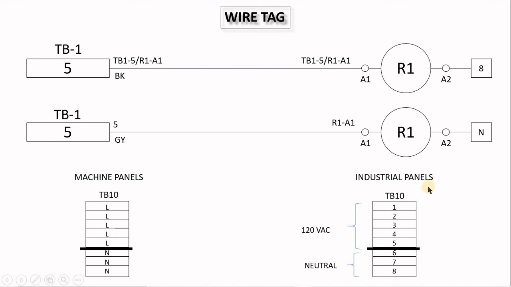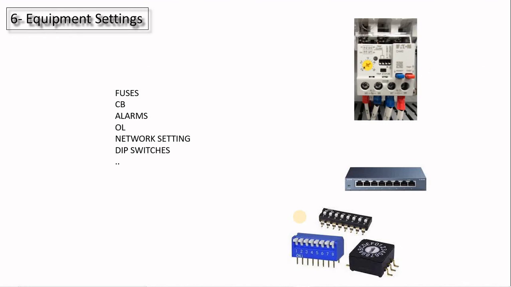But in the industrial panel, which is not machinery, we normally put the terminals with numbering, and we say this is the 120 volt AC from 1 to 5, and then the neutral from 6 to 8. So the wire tag needs to be specified how you would like to show it in your drawing. So the guy who is building the cabinet will just follow your instruction.